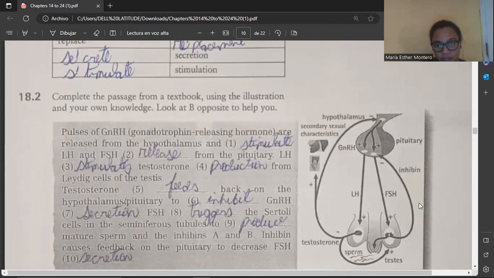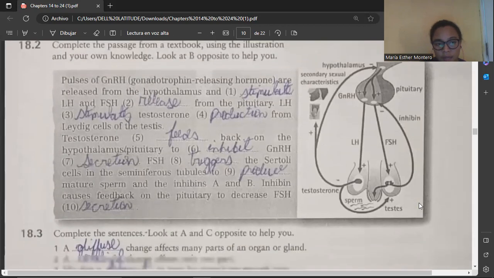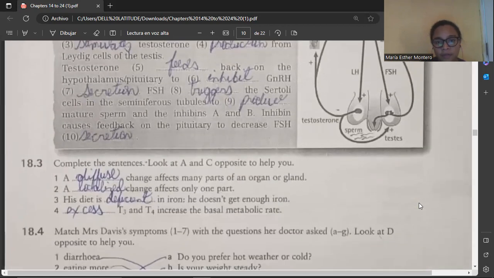FSH triggers the Sertoli cells in the seminiferous tubules to produce mature sperm, and the inhibins A and B. Inhibin causes feedback on the pituitary to decrease FSH secretion.